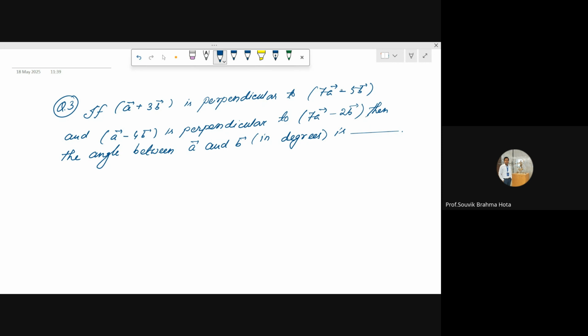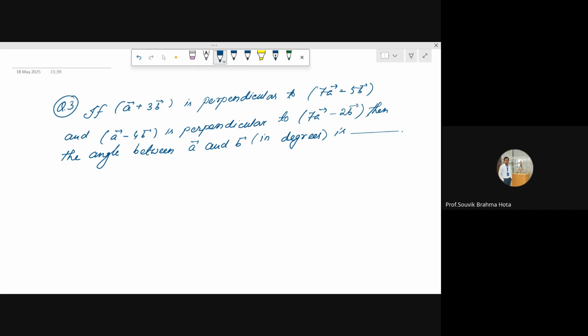Now in this case, if you look at the problem, it is about perpendicularness. It is saying it is perpendicular, but we need to consider some concepts here. What are those concepts?